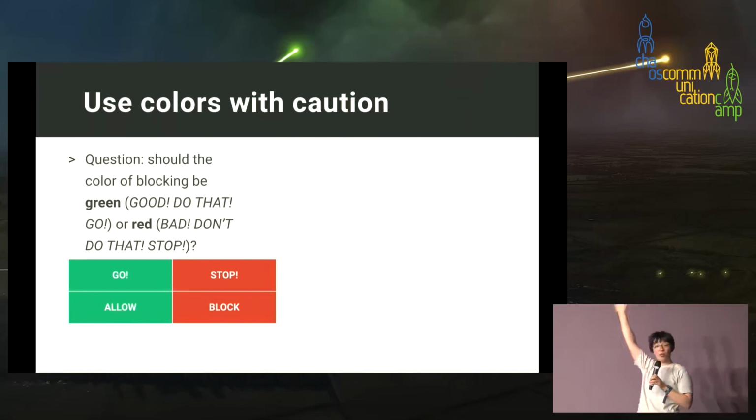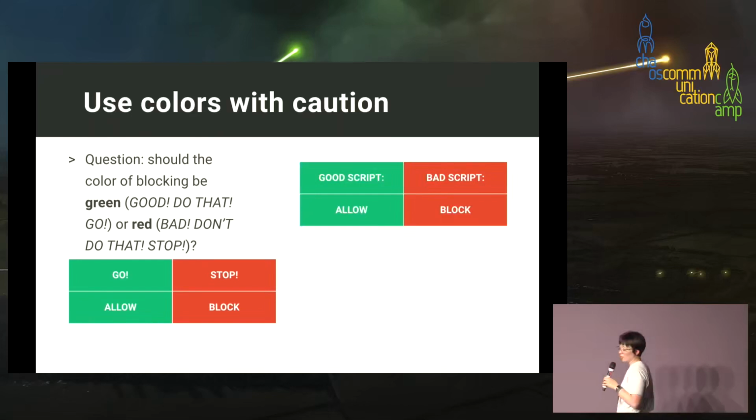So allow is green. Stop is red, block is red, right? Go, stop, allow, block. If you think about scripts, though, well, good scripts you want to allow. Bad scripts you want to block. Okay, I guess block should be red, maybe.